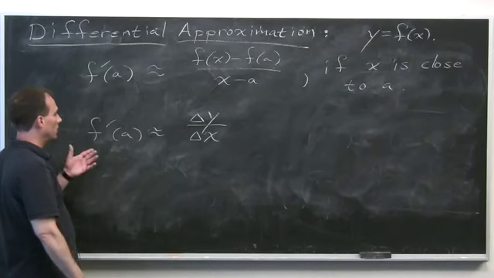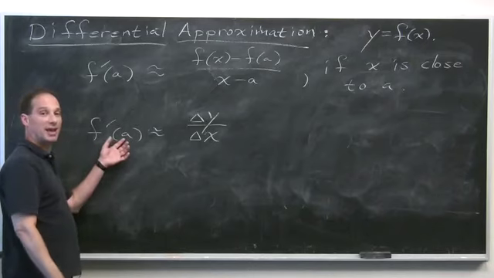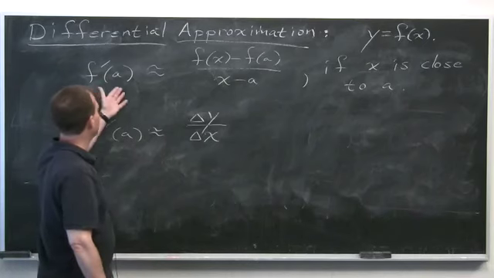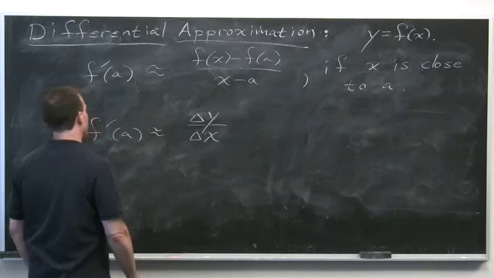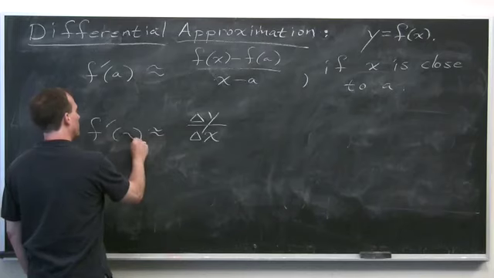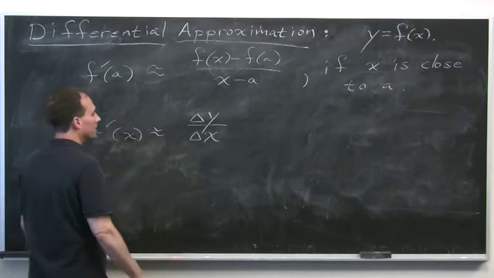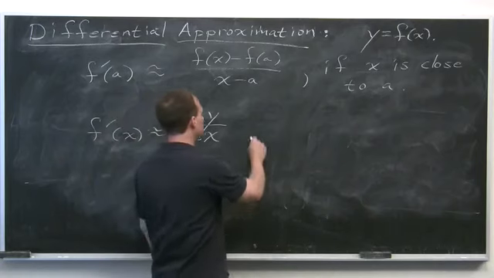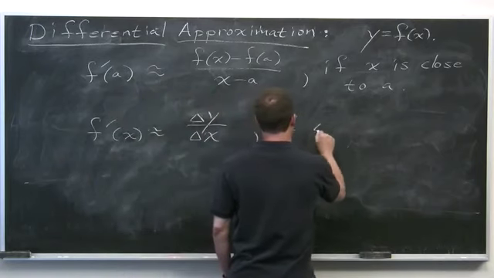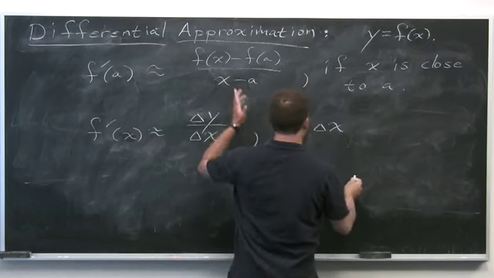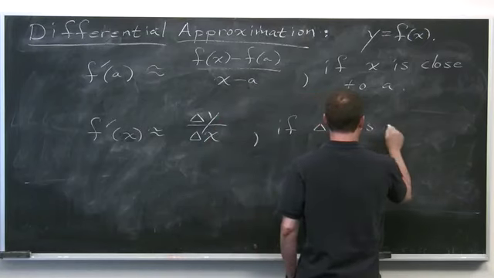In fact, we don't need to call this a now. I mean, we had to have a here to distinguish between x and a, but you could say f prime of x is approximately the change in y over the change in x if the change in x, so if x is close to a, that's if delta x is close to 0.